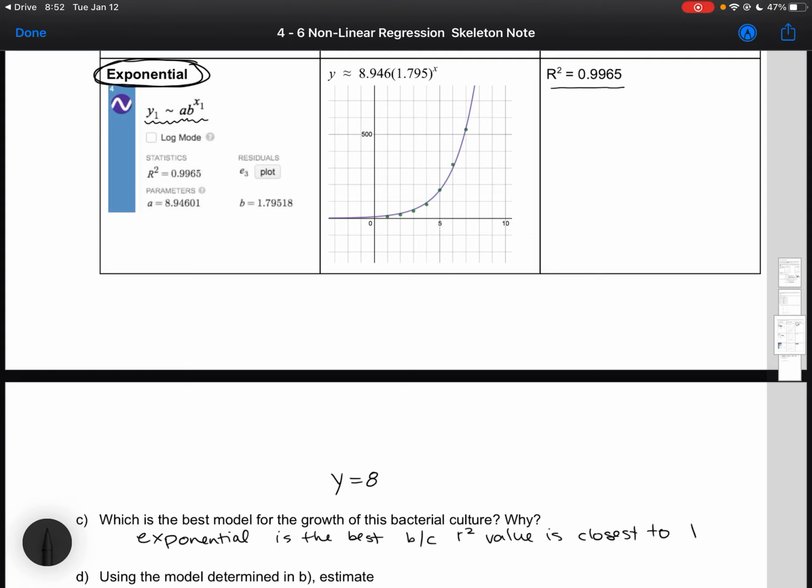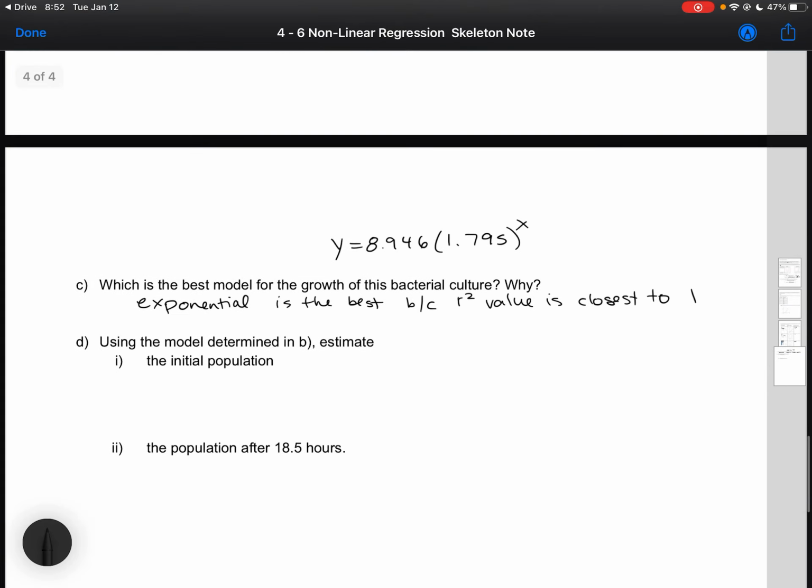I'm just going to write the model down here: y = 8.946 times 1.795 to the x. This is the whole reason behind regression. We want to be able to create a model so that we can make predictions about what's going to happen to this trend in the future or in the past in certain cases.